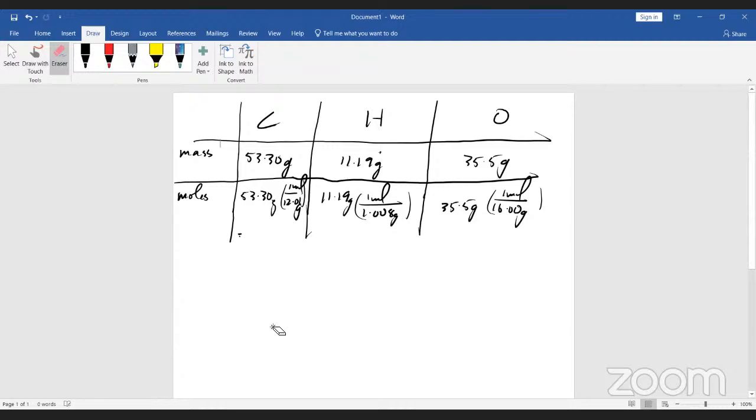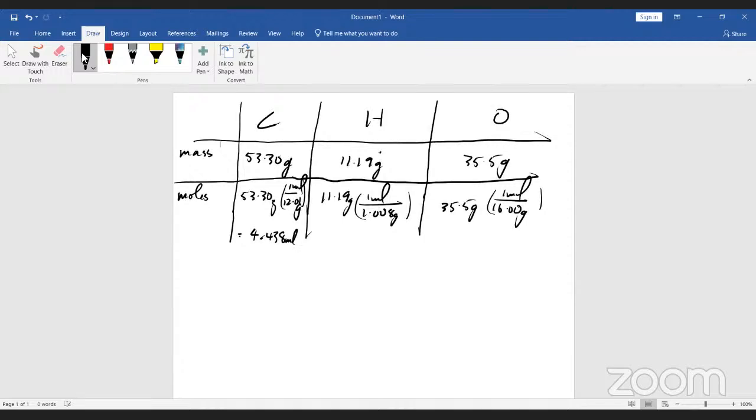Okay, so in the case of carbon, that's 53.30 divided by 12.01, and I got 4.438 moles.